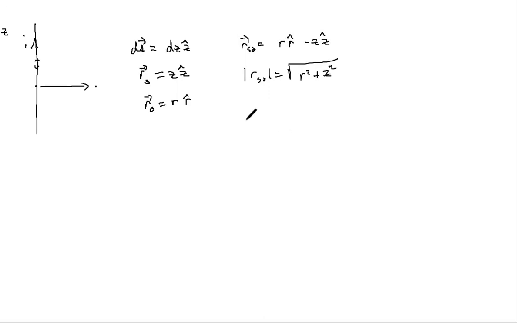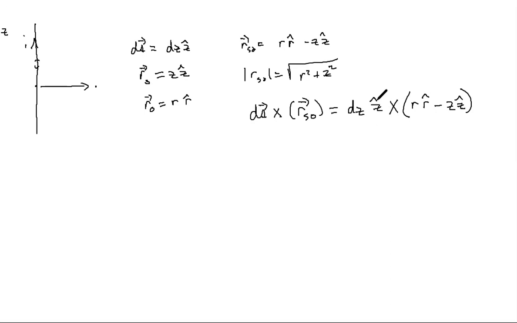And then because this is a magnetic field calculation, we need to calculate ds vector cross, and I'm going to use the full vector form in the numerator. So I'm going to have the r_SO vector. That's going to be dz z hat cross r hat minus z z hat.